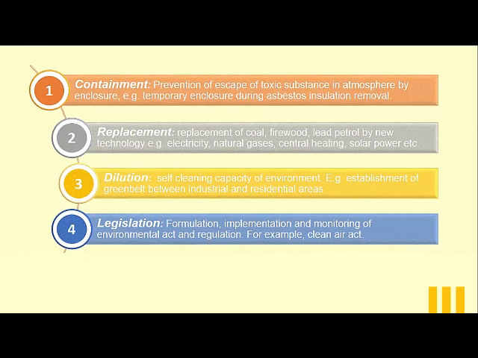Legislation covers such matters as height of chimneys, powers to local authorities to carry out investigations, research and education concerning air pollution, creation of smokeless zones, and enforcement of standards for ambient air quality.